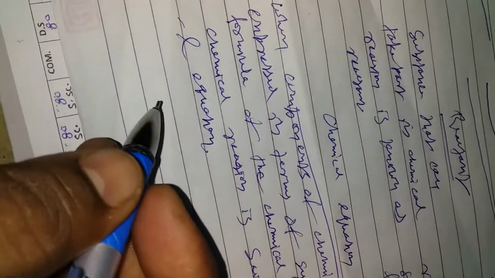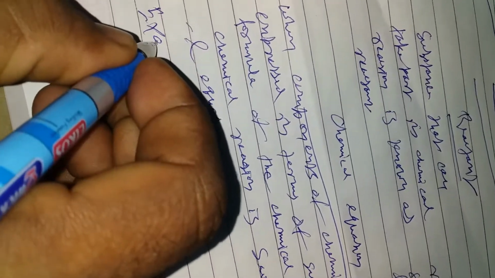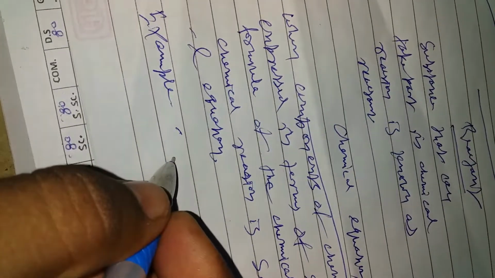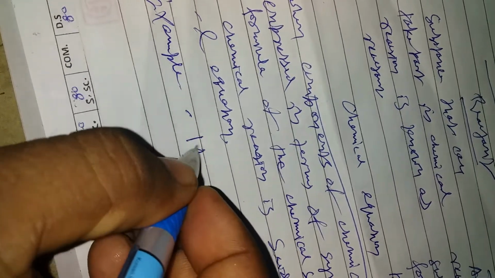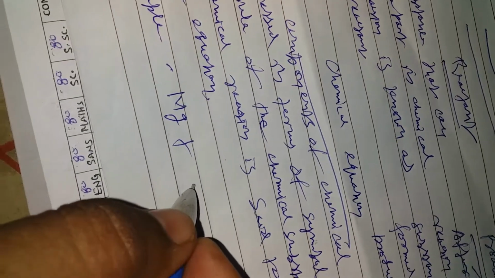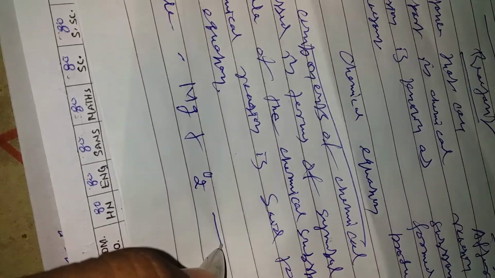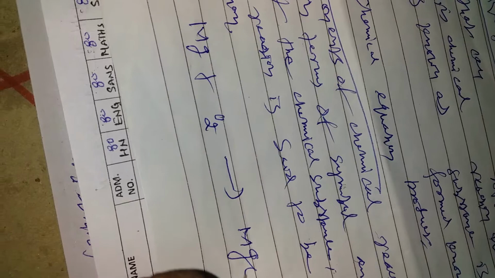For the above chemical reaction, the chemical equation is: symbol for magnesium Mg, formula of oxygen O2, and formula of magnesium oxide MgO.